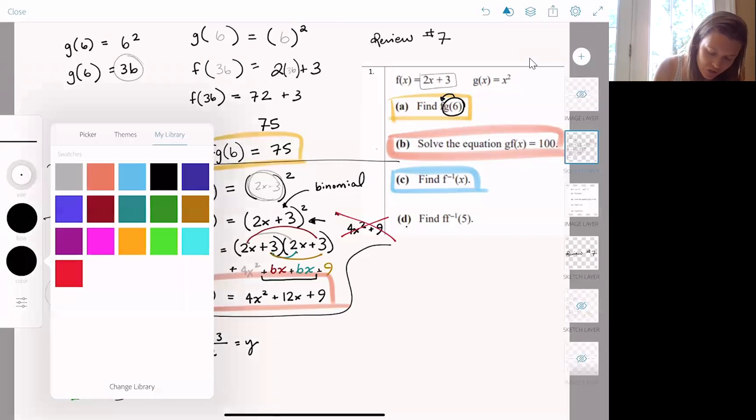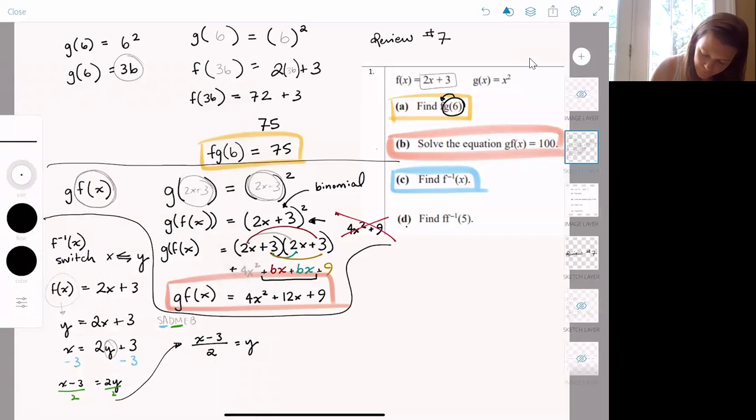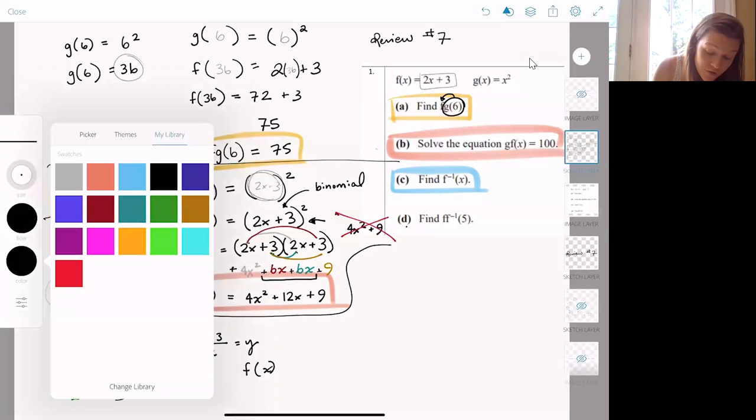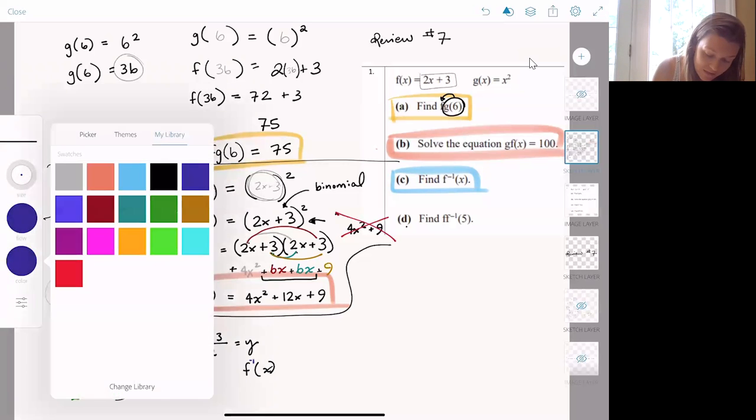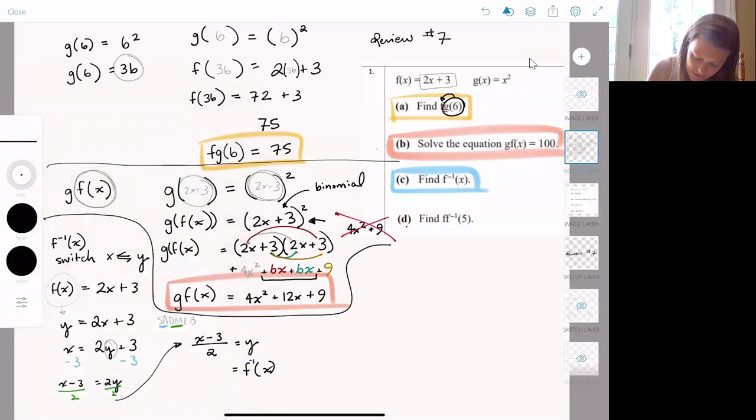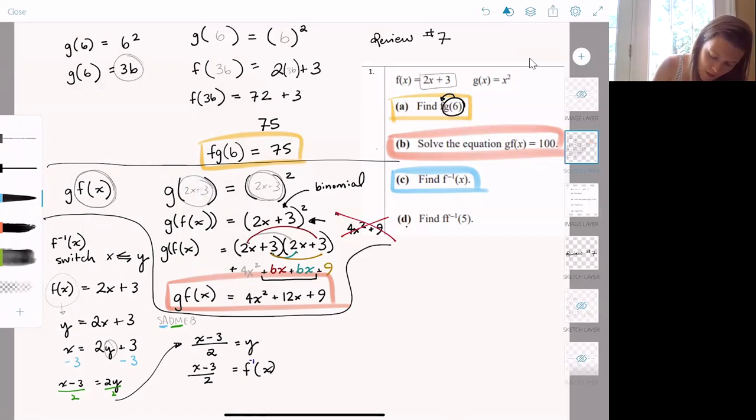But now it's not just f of x, because it's the inverse function of x. So we have to put that negative 1 there to show that this is the inverse function, that this is not the original. And there is your answer for the inverse function of x.